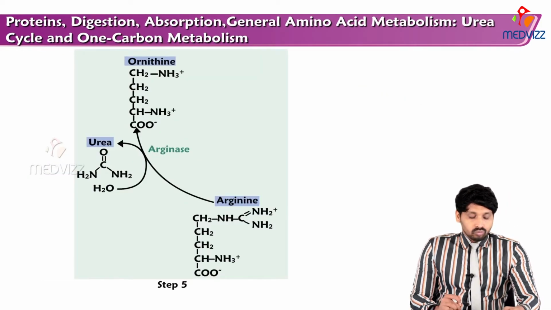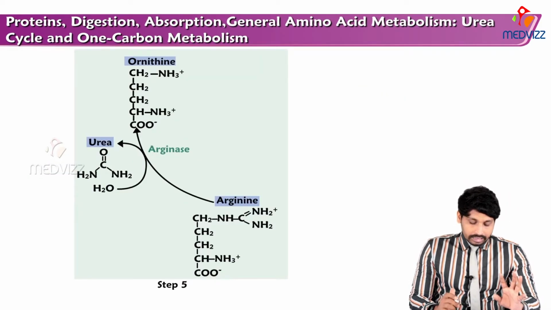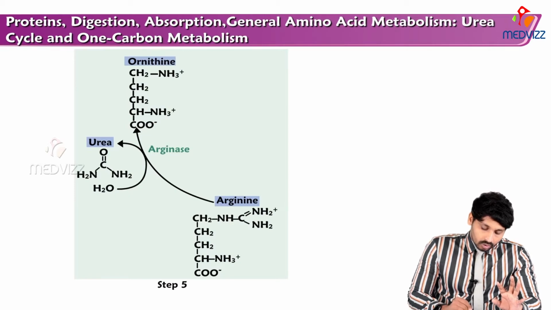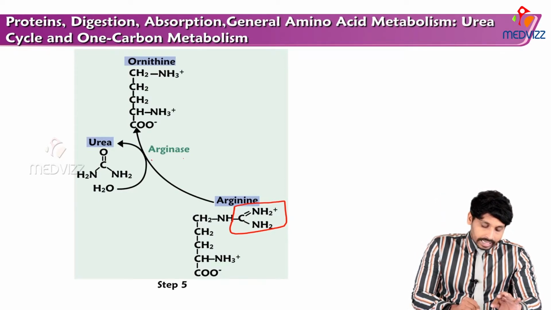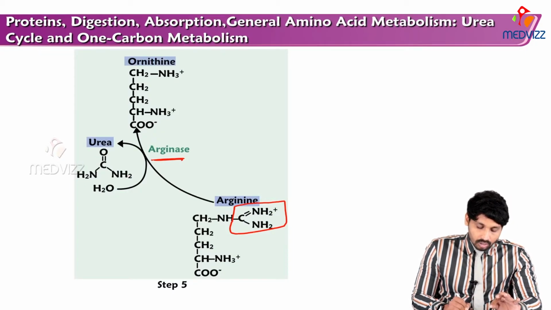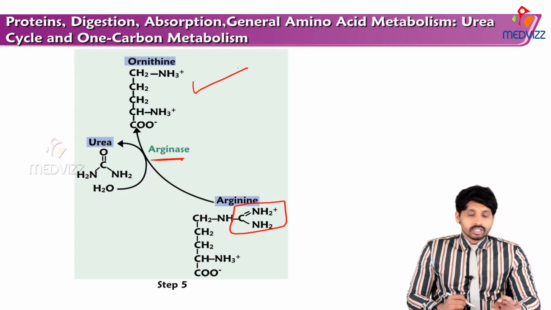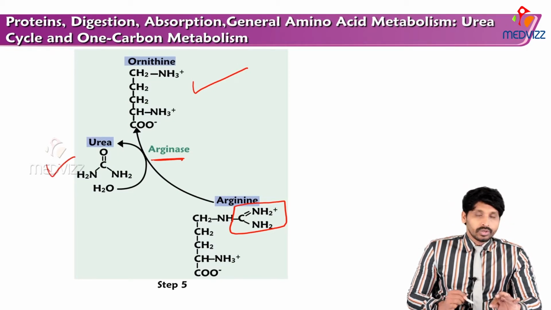Now the molecule of arginine is there, with a guanidino group. With the help of arginase, with the addition of a water molecule, there is again regeneration of ornithine and a formation of urea.